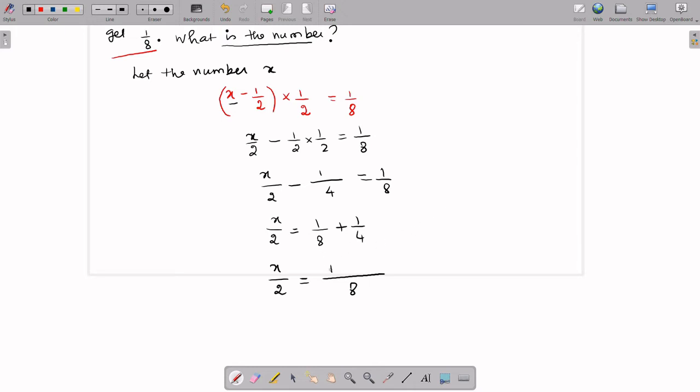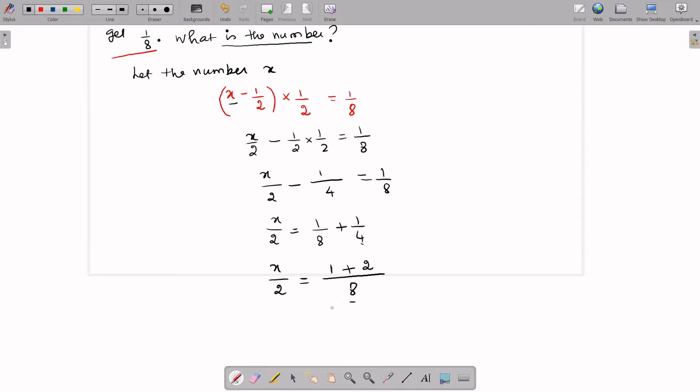Comparing these two numbers, you multiply 4 by 2 to get 8, so you have to multiply and divide the numerator and denominator by 2 for this number.